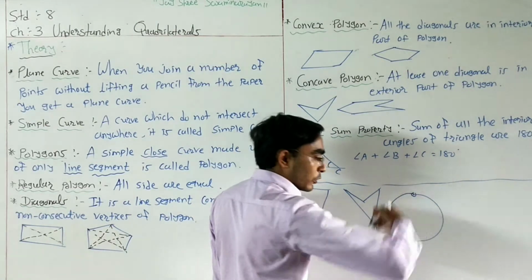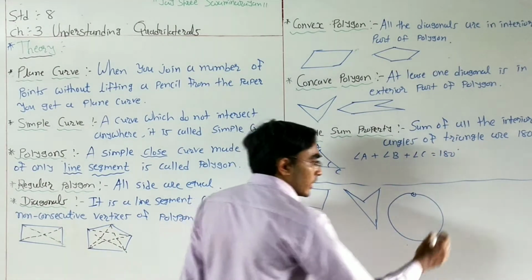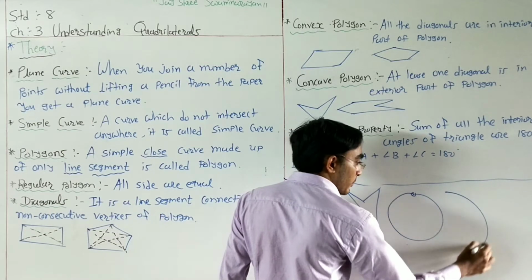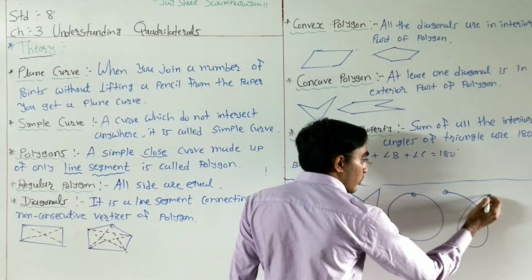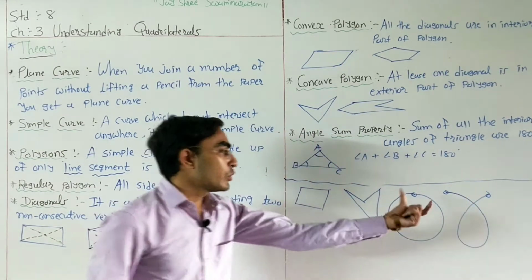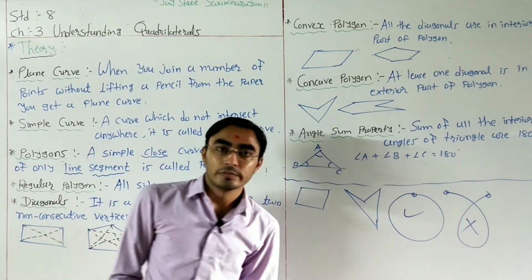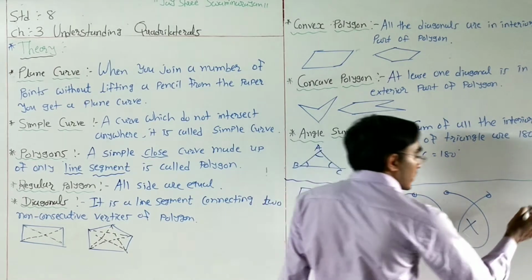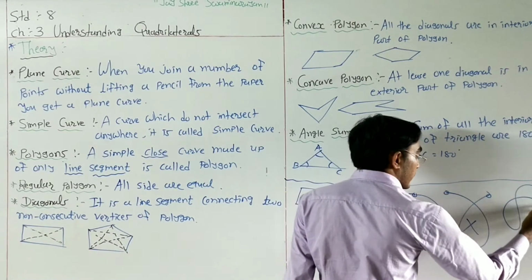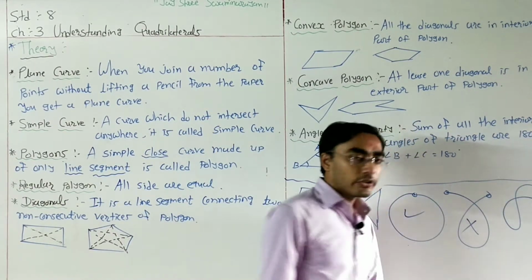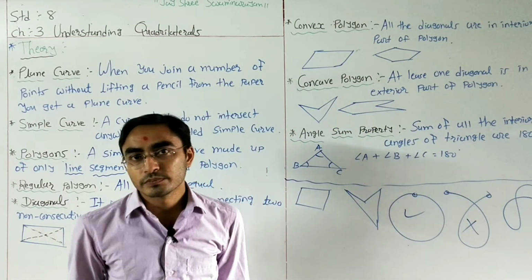This is a closed curve, a closed figure. If I draw starting from here, here is my starting point and here is my ending point. These two are not the same, so this is not a closed curve. If I draw like this, again my starting and ending points are the same, so this is a closed curve.